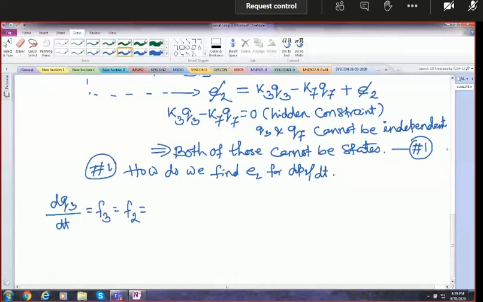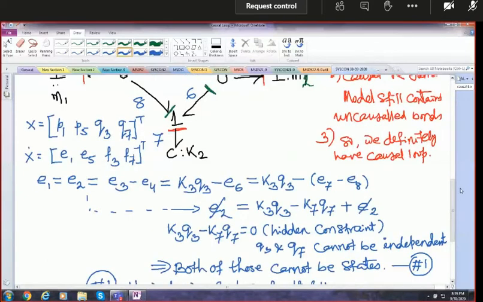Minus this F8. F8 goes to another one junction, and their strong bond is 6. So F8 is F6. At the strong junction of 8, 6, 7, 8, F8 must be F6. So minus P1 by M1 minus F6.